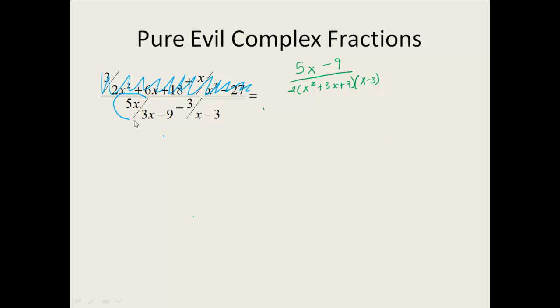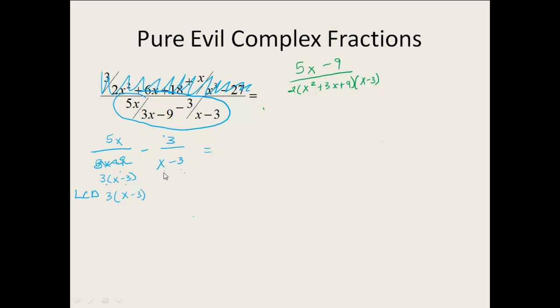I have to focus on doing this subtraction problem. So I really have 5x over 3x minus 9 minus 3 over x minus 3. I need to find the least common denominator. So I'm going to factor both of the denominators, and I can pull a 3 out of this one. And this other side is already factored, so for my least common denominator, I'm going to have 3 and then x minus 3 from right here and there.